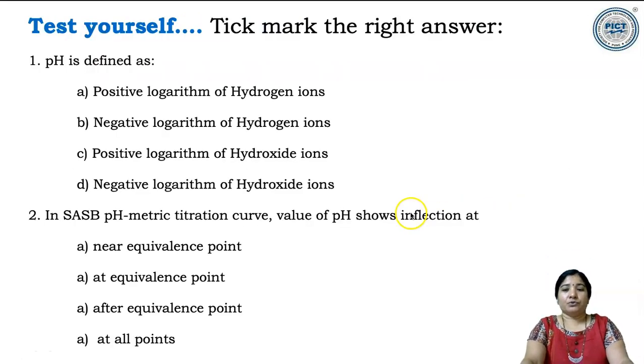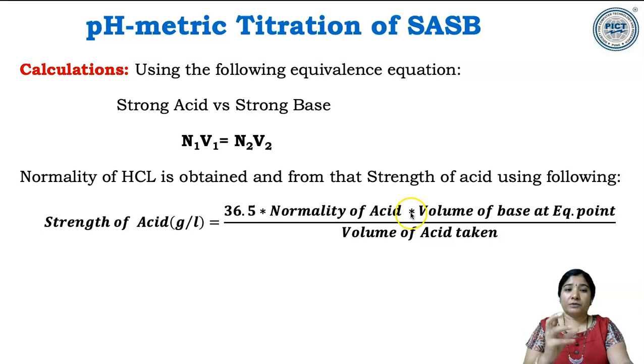This is the objective of this pH metry. What was the objective we started with? We started with the objective of calculating the unknown concentration of acid using pH metry. So in this way one can obtain the strength of acid using pH metry.